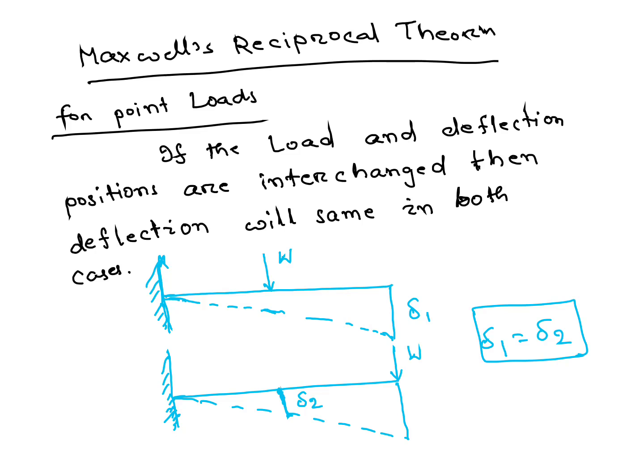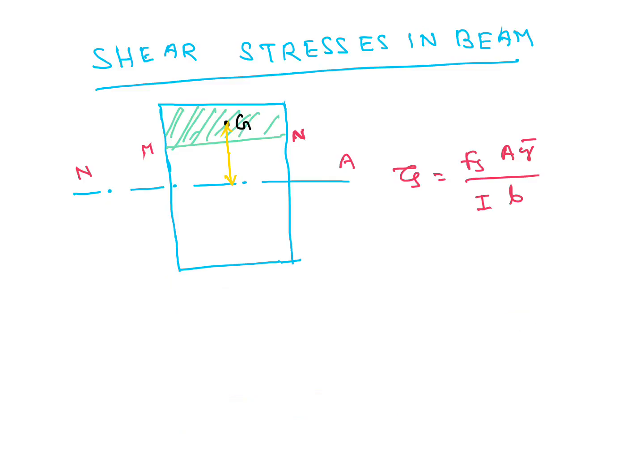Here, for shear stresses in beam, the formula is tau s equal to Fs A y bar divided by I into B. Here, take a cross section Mn, and y bar is the distance of CG of this small strip or small area Mn above Mn.